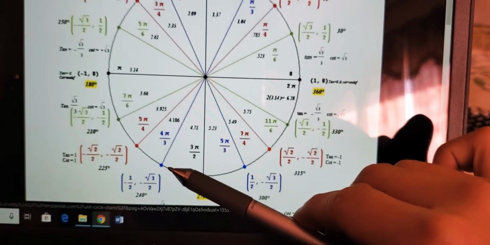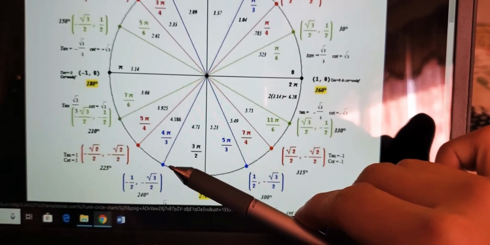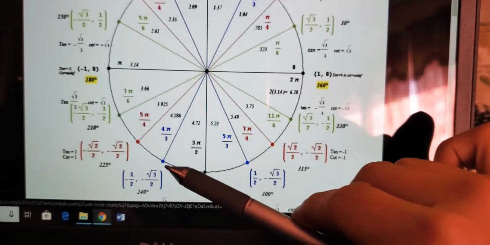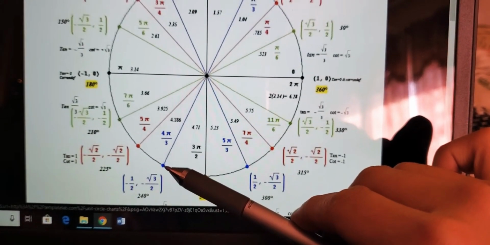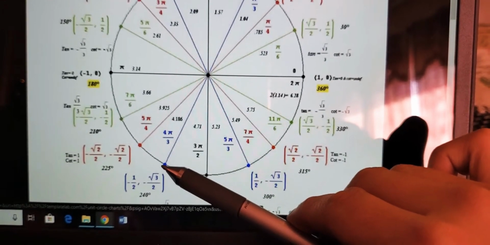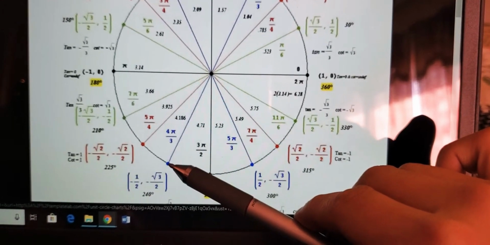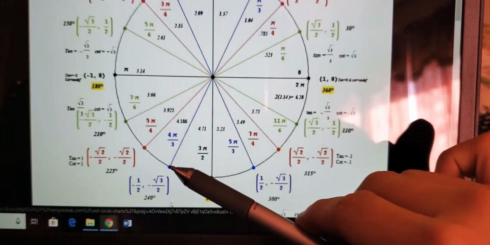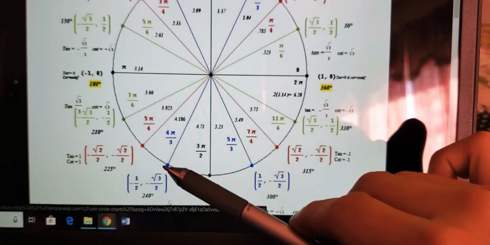This will be my 4 pi over 6. It'll be the negative one because I'm going clockwise. Because I know how to count the pi over 6, I can identify this to be negative 4 pi over 6, or simplify it to negative 2 pi over 3.